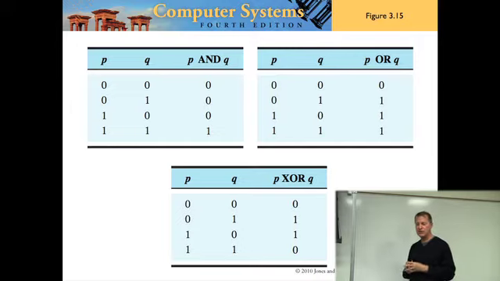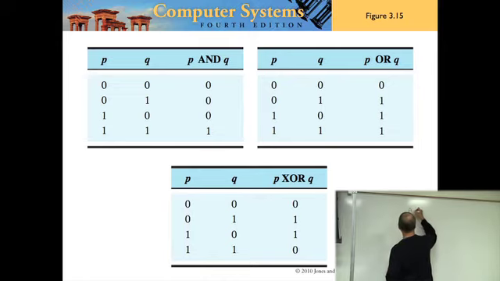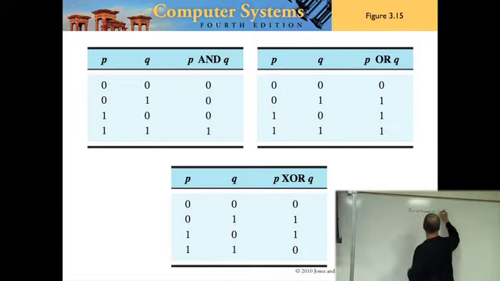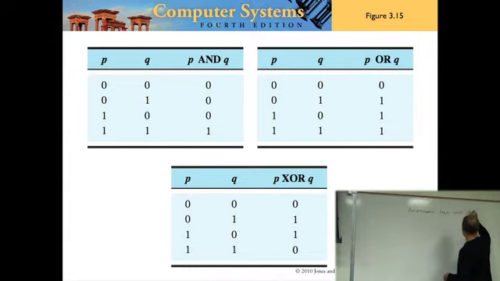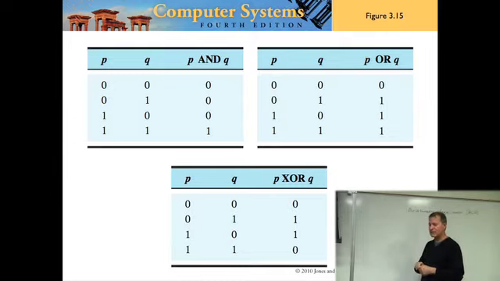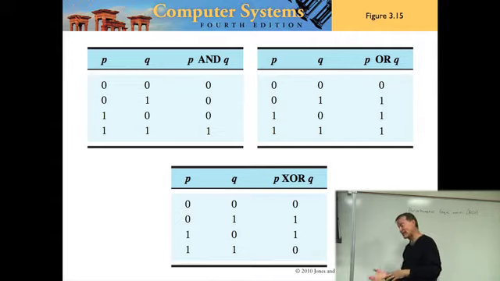So the unit is actually called an arithmetic logic unit, and the acronym is ALU. That's what the circuitry is called. It's called an arithmetic logic unit because it does both arithmetic and logic.